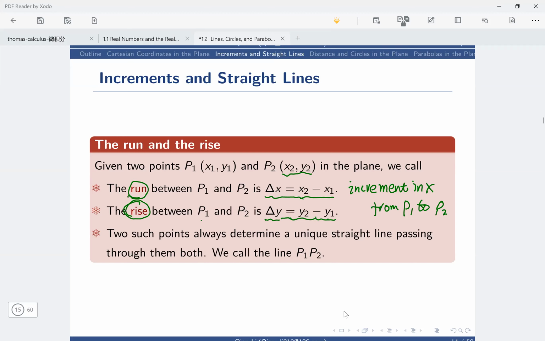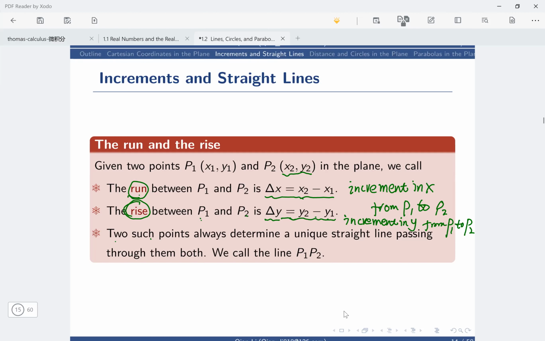This rise between the two points is also equal to the increment in y from P sub 1 to P sub 2. This is the definition of the run and rise between two points. Two such points always determine a unique straight line passing through both of them.